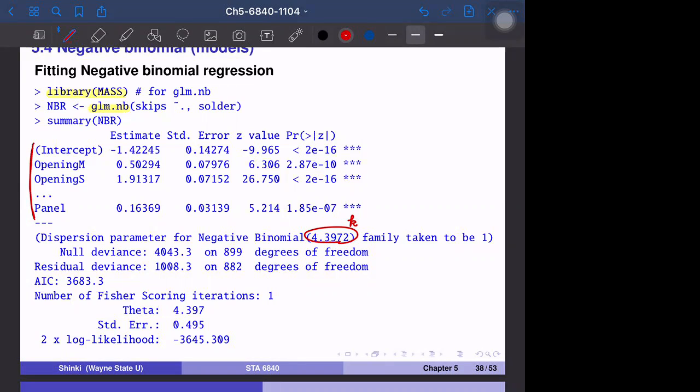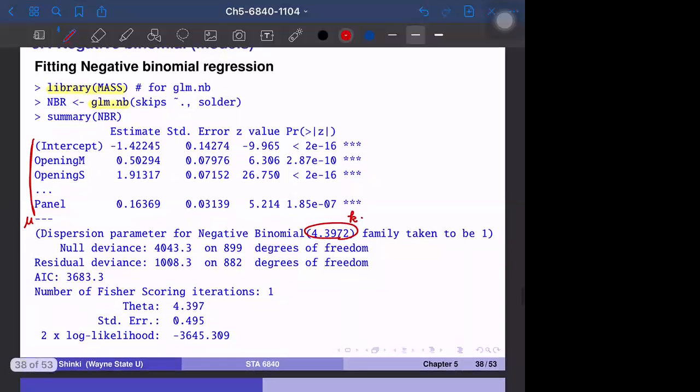So the log of mu is equal to x beta, where the x variables are here and beta is this coefficient. So we have mu, but also we have k. So we have 2 parameters. We only added 1 parameter, but the result gets much better.